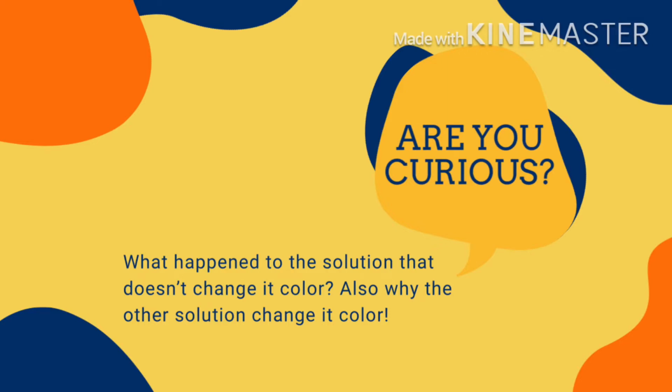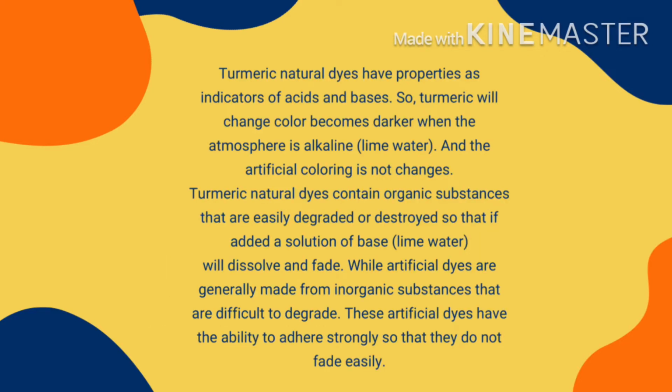Alright, I will explain. Turmeric natural dyes have properties as indicator of acid and base. So, turmeric will change color, becomes darker when the atmosphere is alkaline, and the artificial coloring does not change.